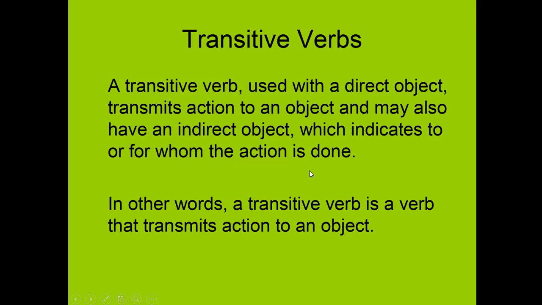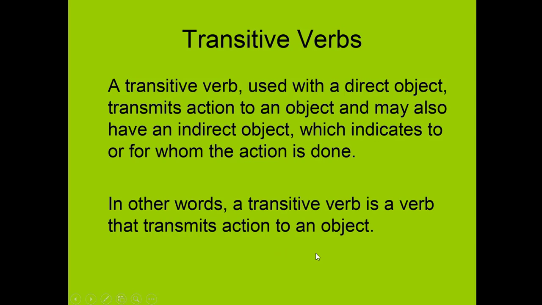So the transitive verb may have direct and also indirect objects at the same time. Maybe one direct object, or direct and indirect object. In other words, a transitive verb is a verb that transmits action to an object.